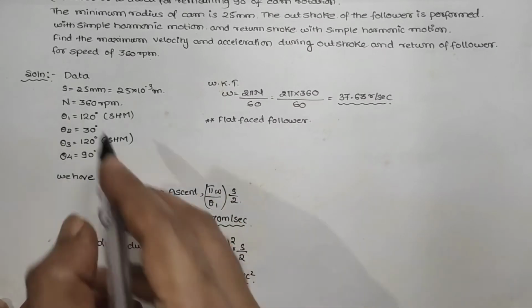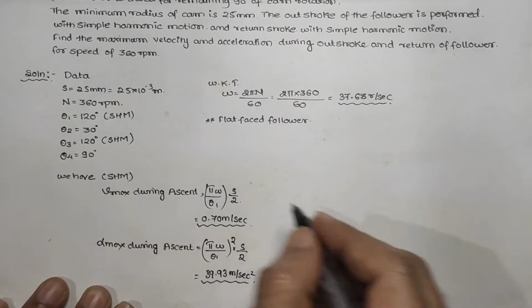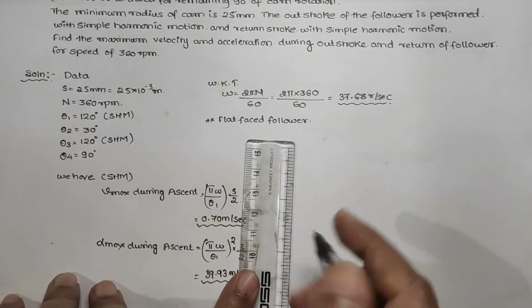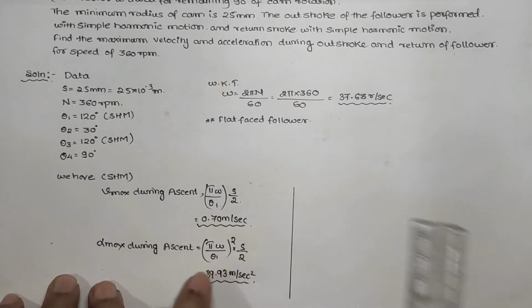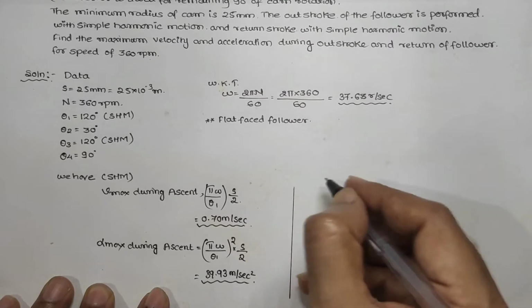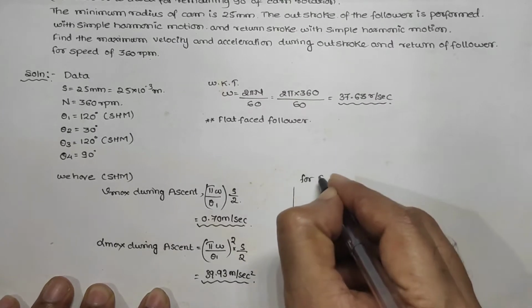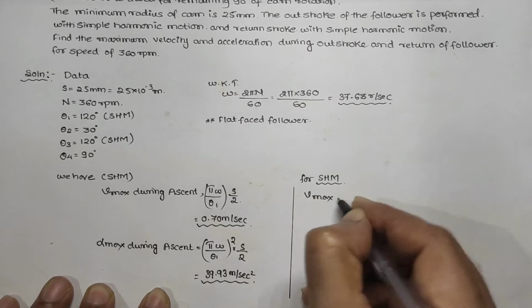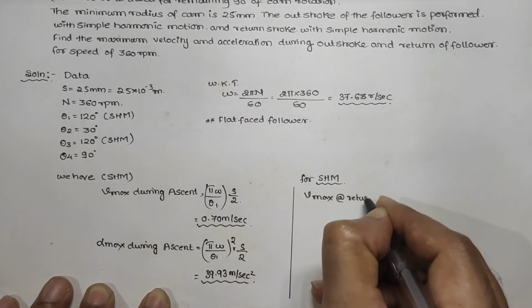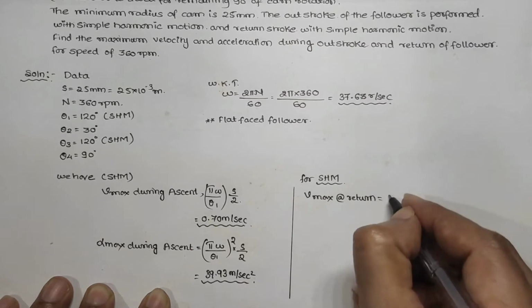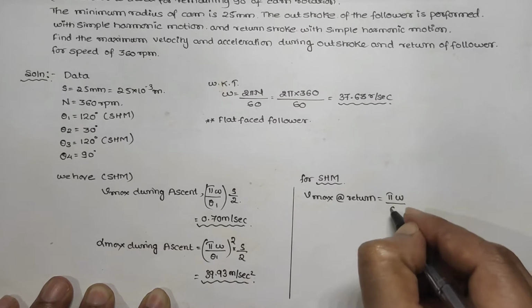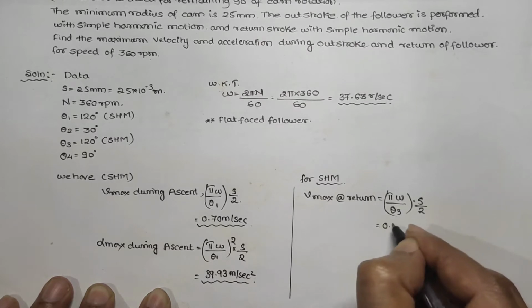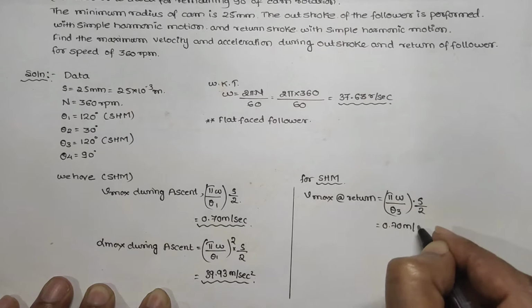As theta 1 and theta 3 are the same, at return also we are going to get Vmax during return, that is pi omega divided by theta 3 into S divided by 2, that is equal to 0.70 meter per second.